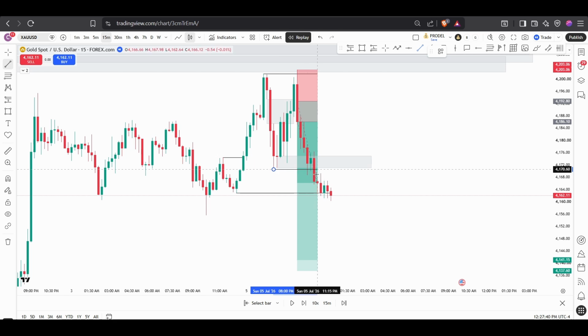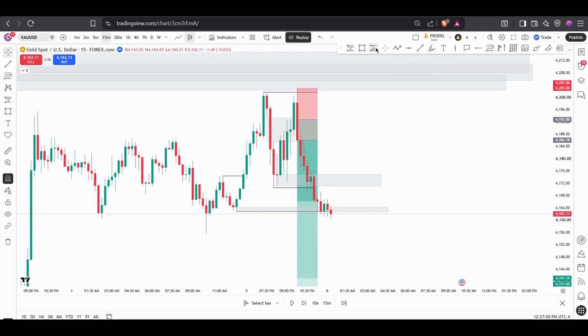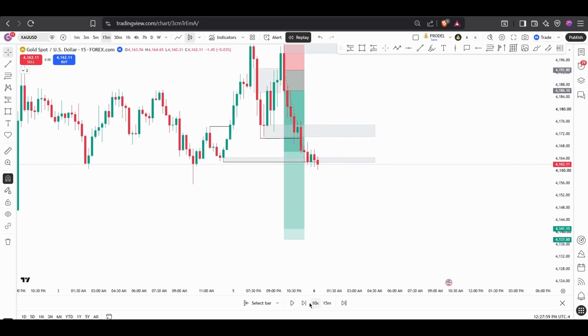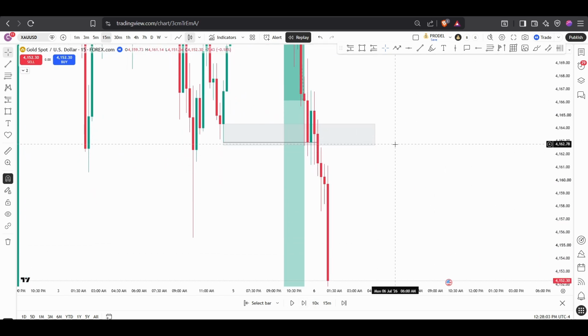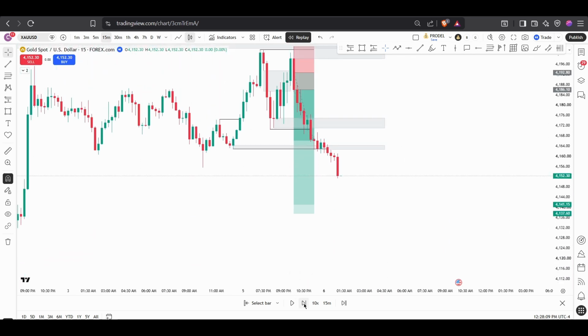This is the support become resistance level, and after this level is broken, this is also a support become resistance level, and this is the apex level. You can see here, the market did not tap into this level after the break, and it went down like this.